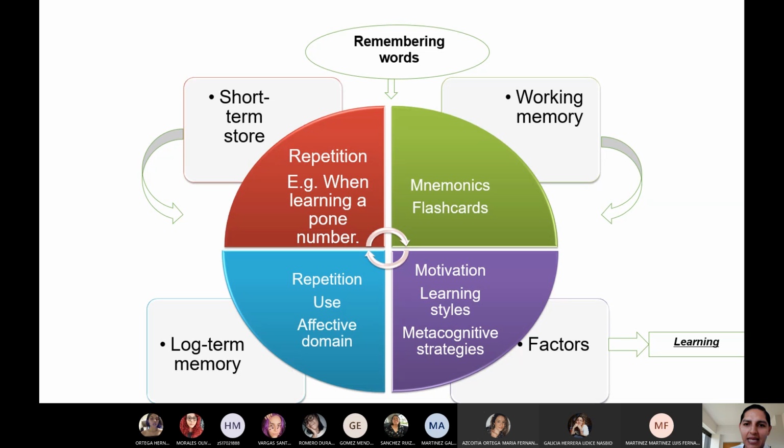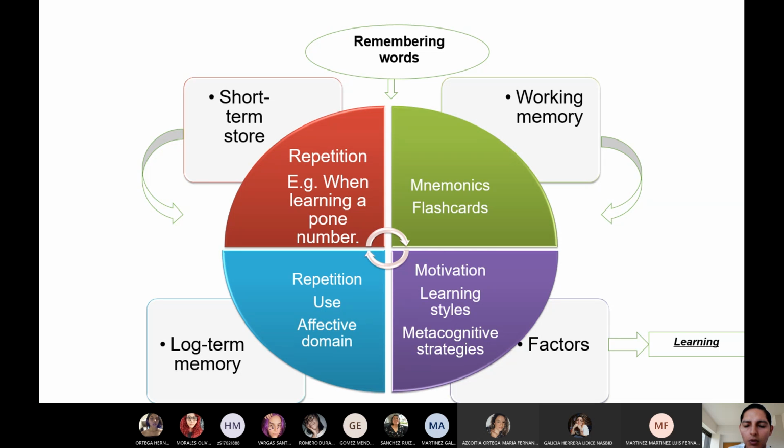Now, there is this working memory stage that can be worked out by the use of mnemonics and flashcards. Then long-term memory works by means of repetition, the use of the words, the feelings that emerge from the use of the words, the concepts around the use of the word, the emotions that you feel, the affective domain of the words. That has to do with the long-term memory.